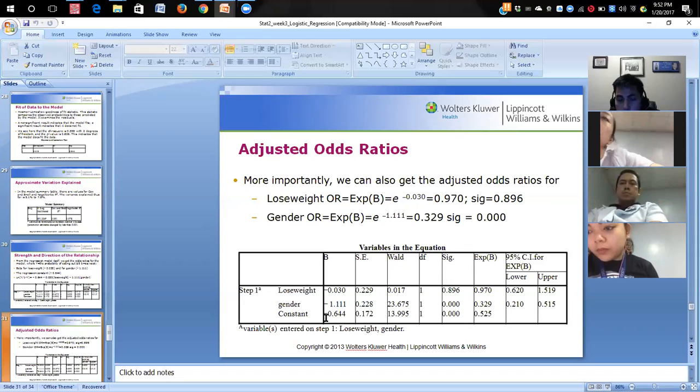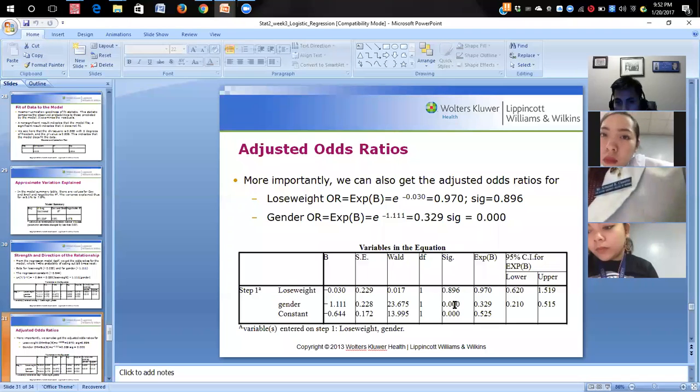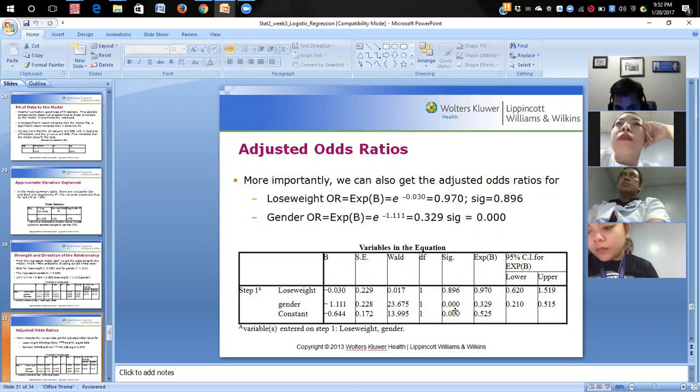This constant is weird, why SPSS uses constant, but it means the intercept. The value of the beta coefficient of the intercept is 0.644. And then it tells you here that the gender is statistically significant. The most important value when we look at SPSS in logistic regression is the statistical significance.